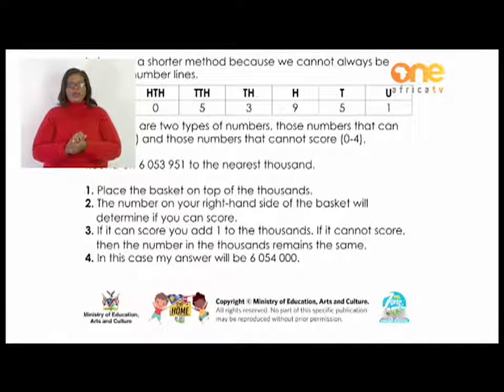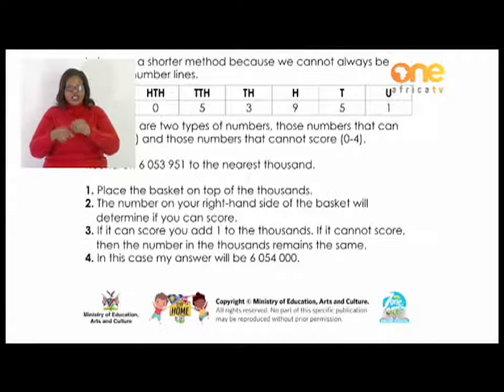Number 1, you need to place the bracket on top of the 1,000. The number on your right-hand side of the bracket will determine if you can score. If it can score, you add 1 to the 1,000.